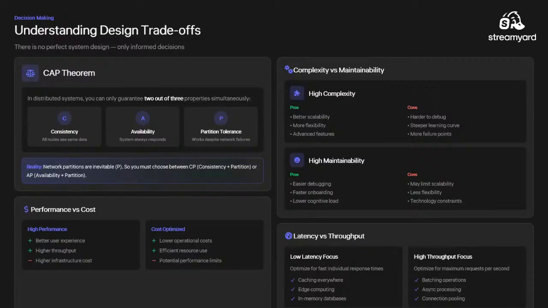So you can have, in short, a CP system or an AP system. CP means you prioritize consistency and partition tolerance, or you prioritize availability and partition tolerance. Nowadays, most applications tend to go into AP mode. Availability and partition tolerance means they are okay with eventual consistency. They don't need strong consistency.